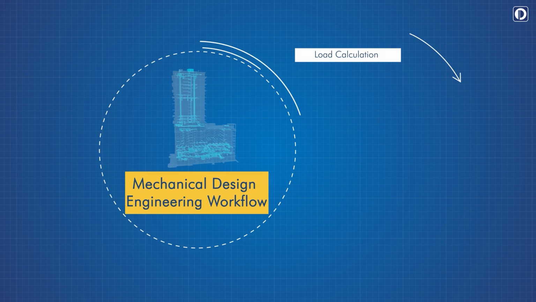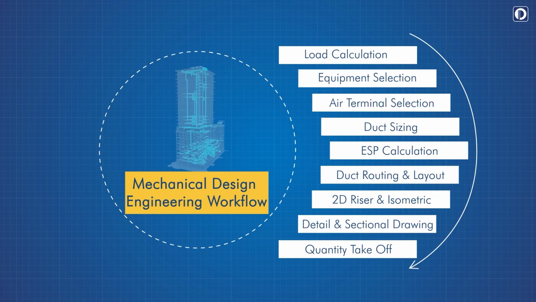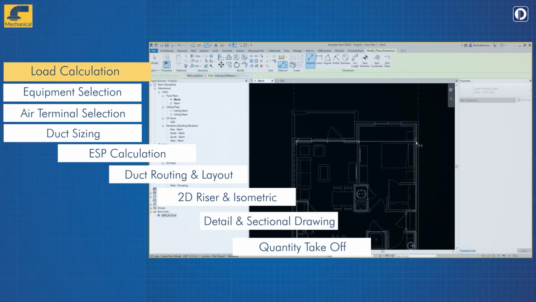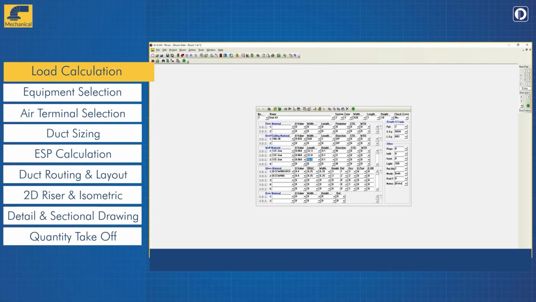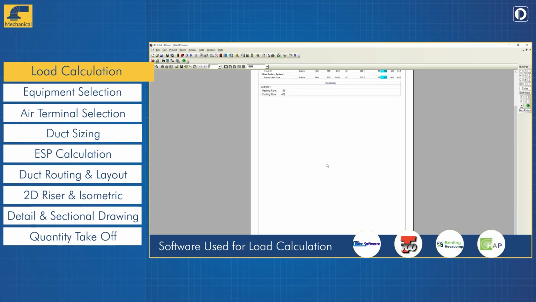Our BIM integrated workflow for mechanical design begins with heat load calculations. The steps are ensuring perfect measurements, assigning design criteria, and calculating the load using our software platform.